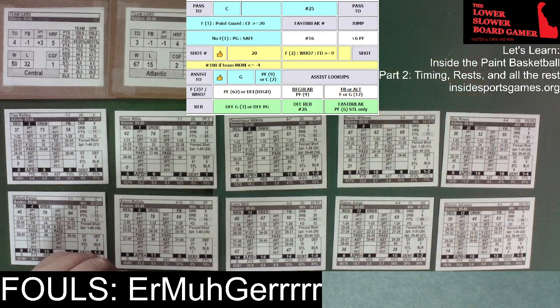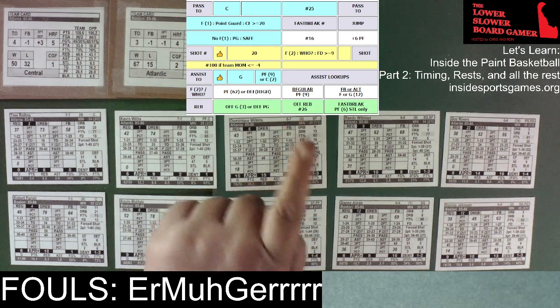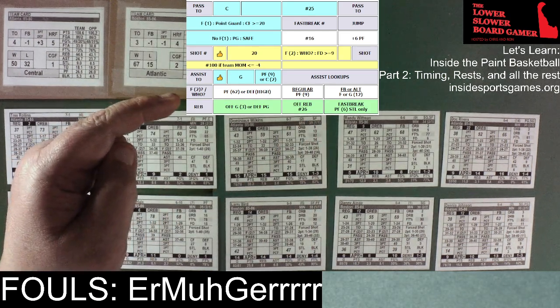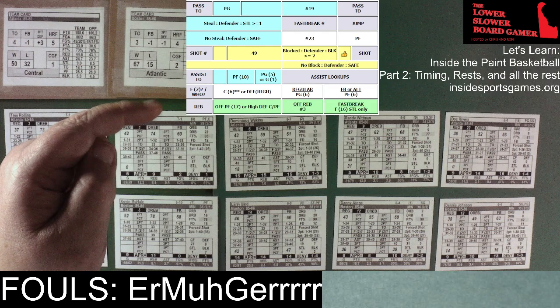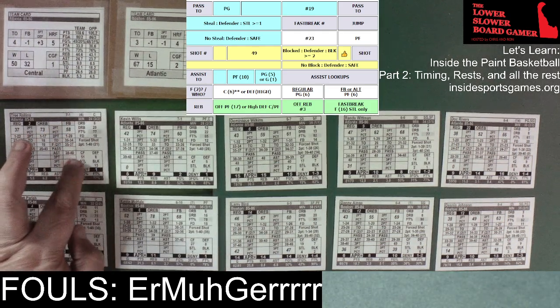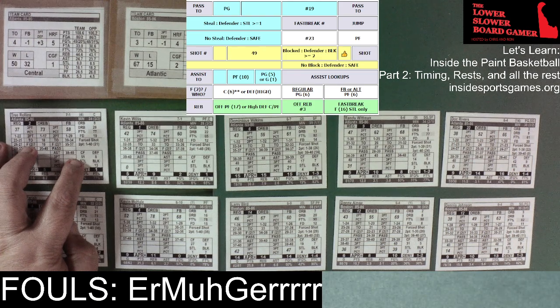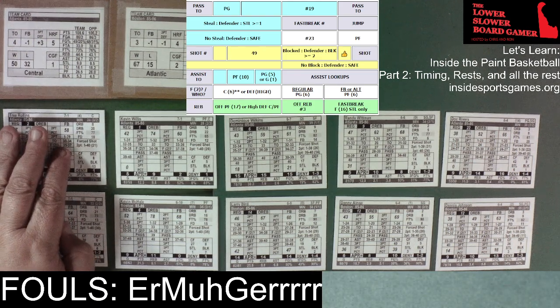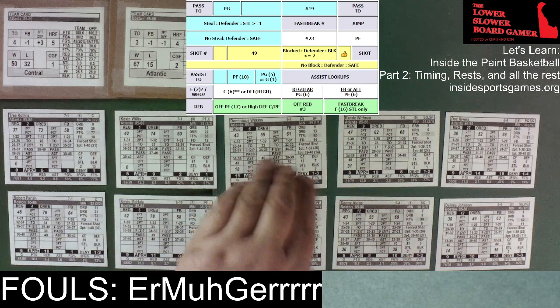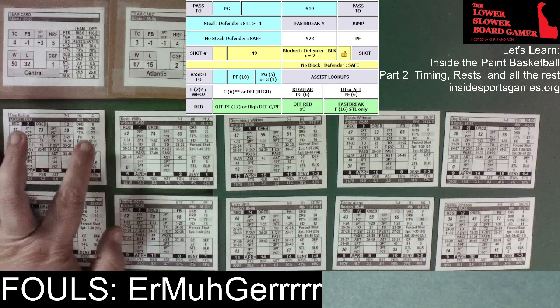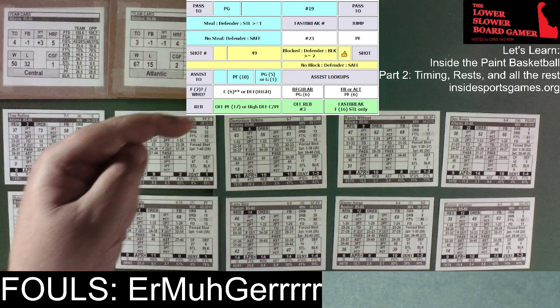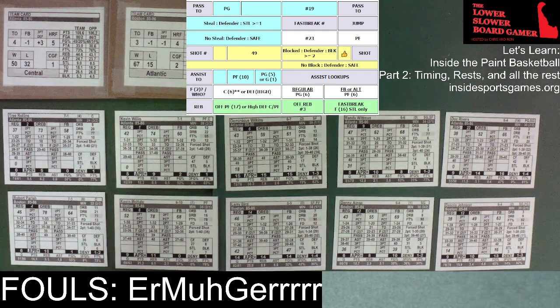This time, if the foul draw is 9 or greater, and Wilkins is a 14, there is going to be a foul. So we flip to see who the foul might be on. We have offensive center 6, and his CF rating is 51, so it would be an offensive foul, and had Dominique Wilkins made the shot, it would have been disallowed. If Rollins had a very low CF, it would have gone to the high defensive player for Boston, which would have been 31, Danny Ainge. But it did not happen that time.